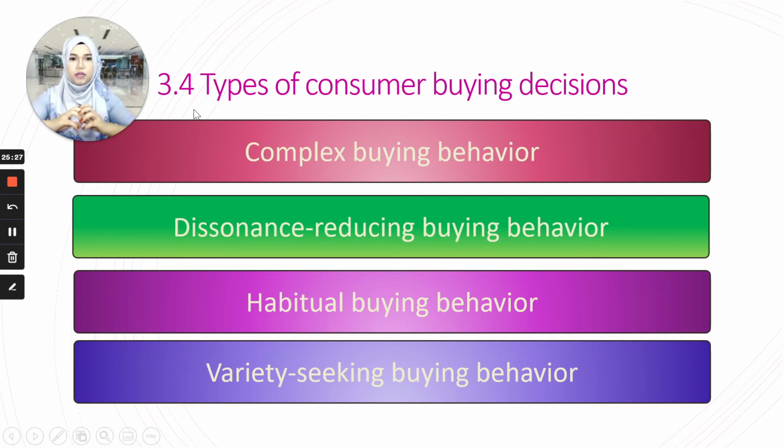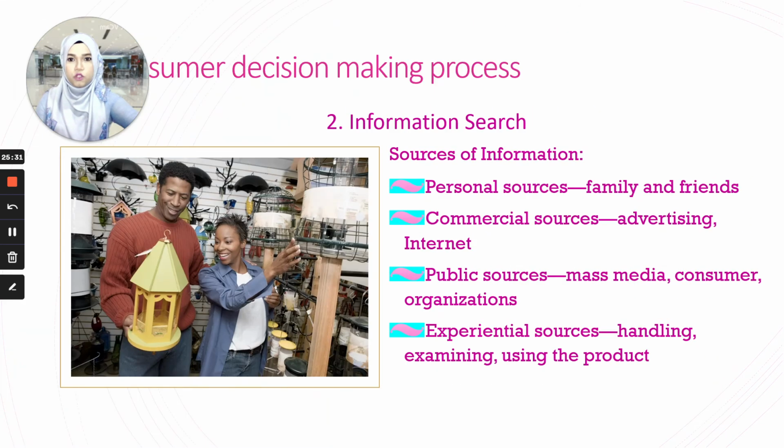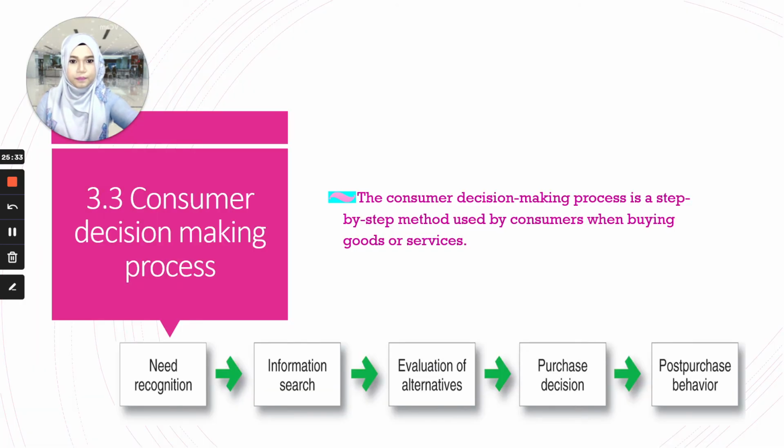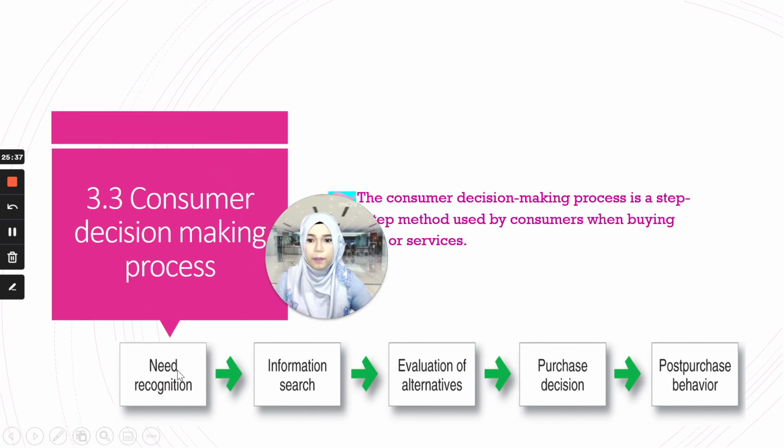So to recap, the consumer decision making process here. First, it starts with the need recognition, whereby you feel there is a need for you to buy things, or to purchase a service. Second, information search. You want to find out about the product, especially those that you are not aware of.